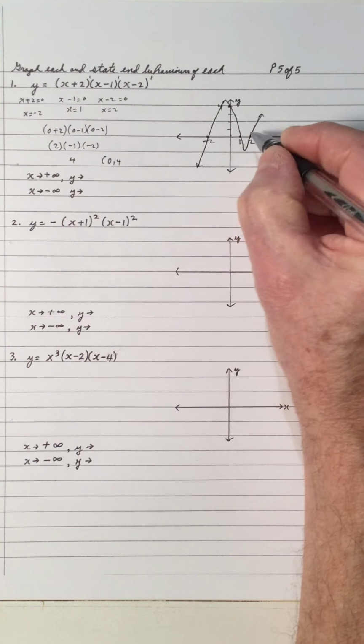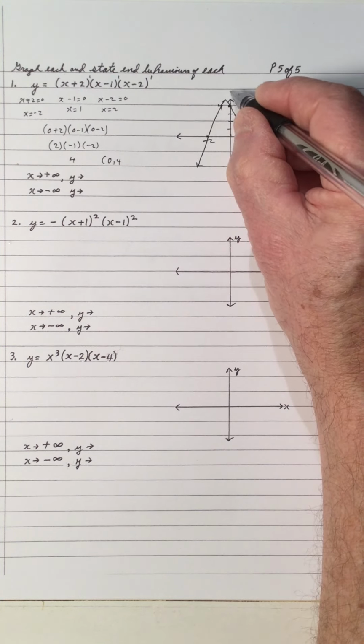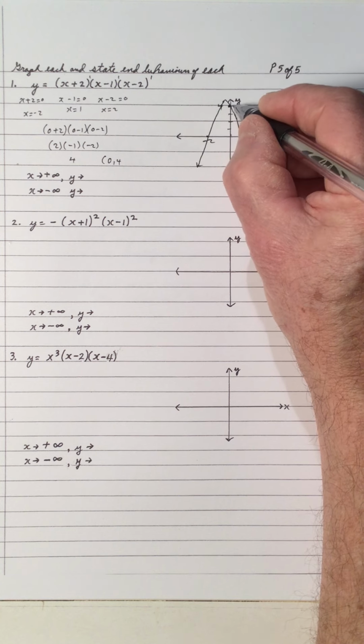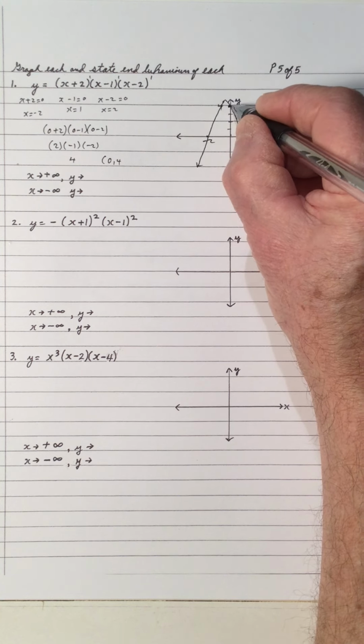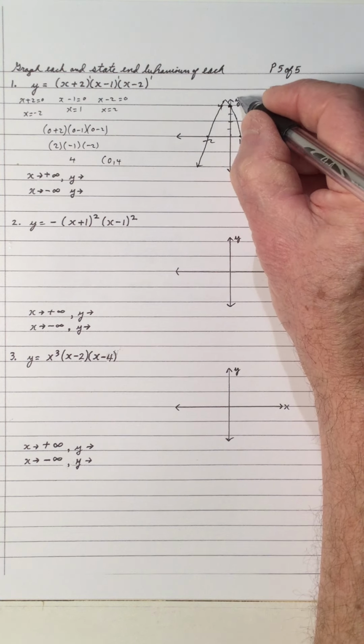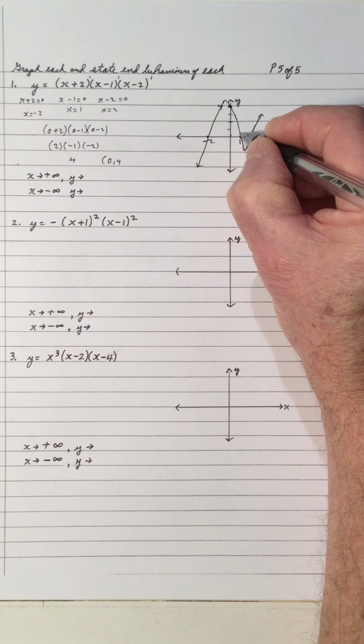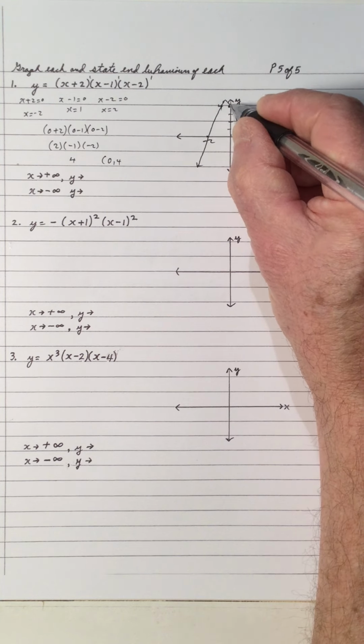There it is. Now, this could go on up here further, and then bend and come down, but it has to go through this y-intercept. So what I did was just go from here right straight up through here.